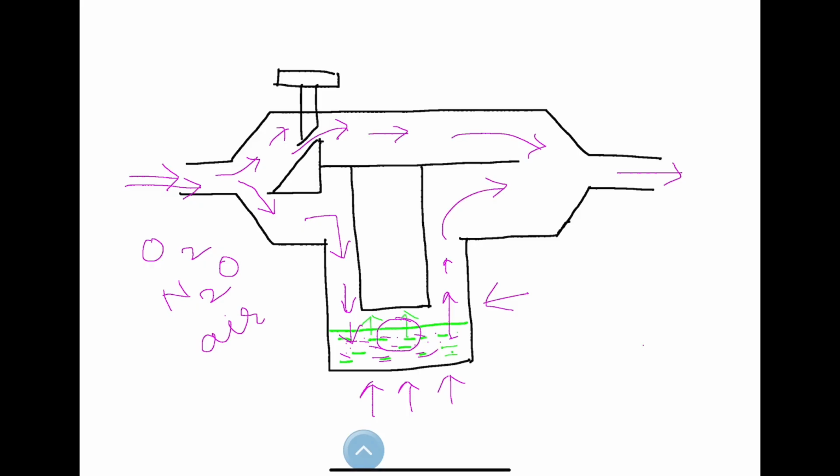Now these two gases mix at the outlet so that we get dilution of the gas that is saturated with anesthetic vapors. So basically it is called bypass because some part of the fresh gas flow bypasses the vaporizing chamber and goes directly to the outlet. Now why is it called variable? How much amount of fresh gas flow is bypassed can be adjusted by controlling this control dial on the vaporizer.